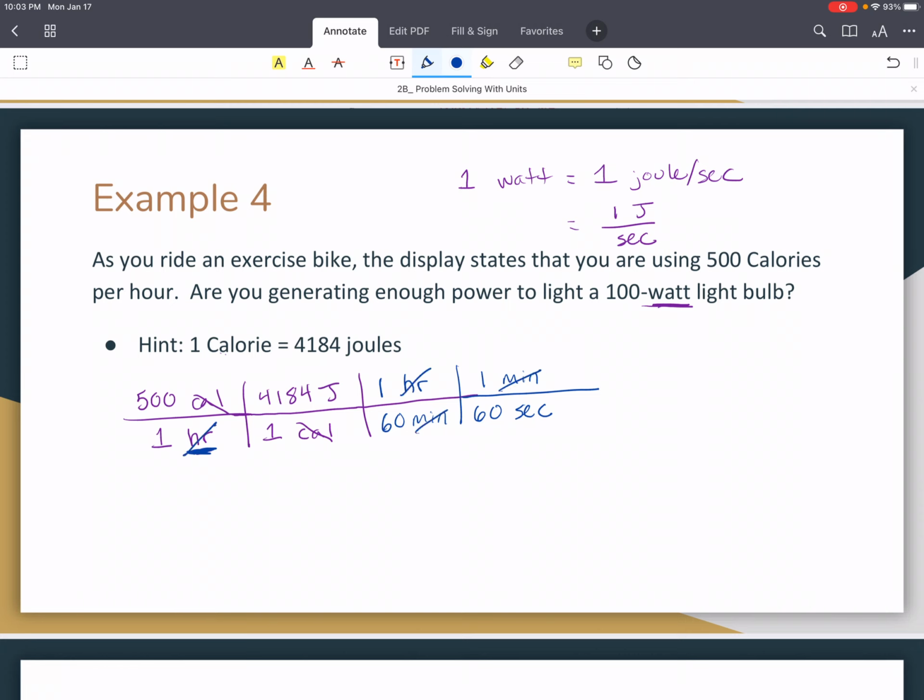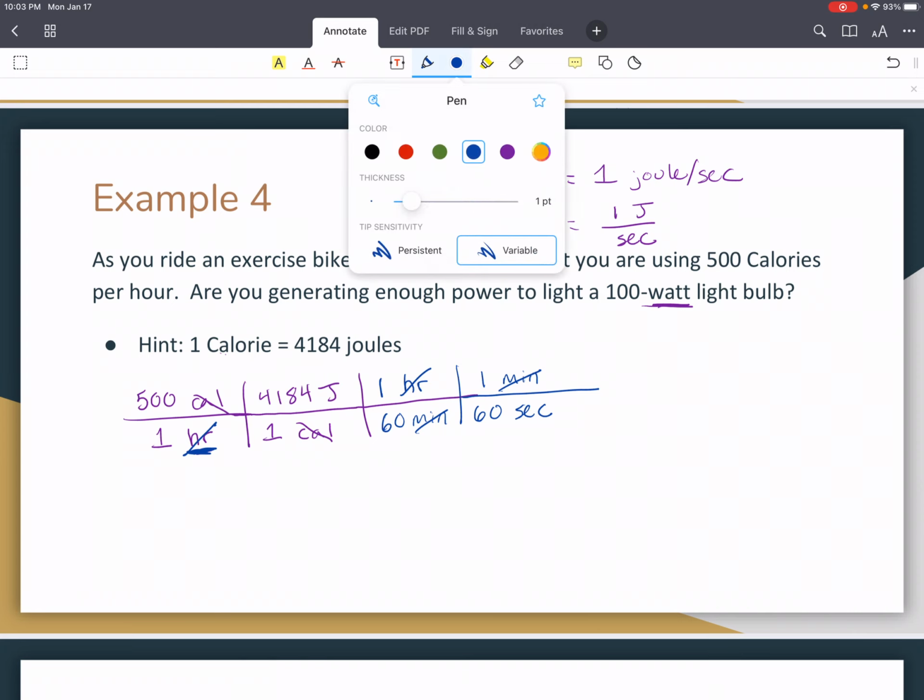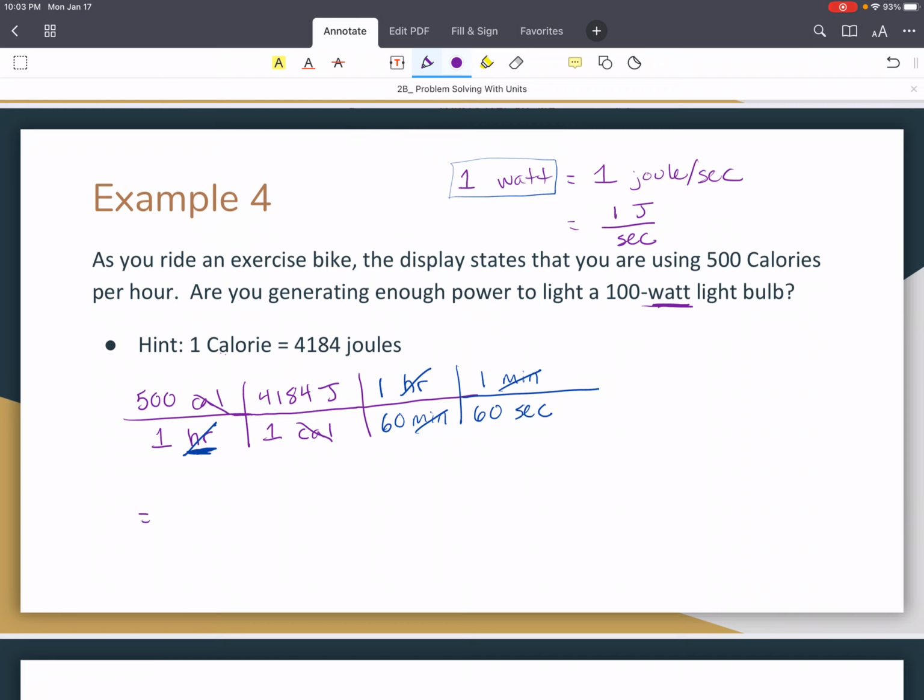So now I'm ending in joules per second, which is 1 watt. So how I type this in the calculator, I'm just going to go 500 times 4,184 and then divide it by 60 times 60.